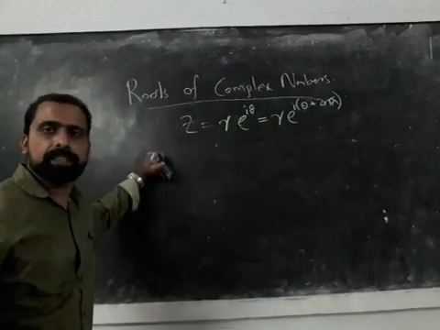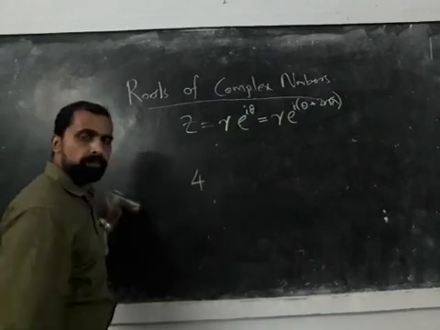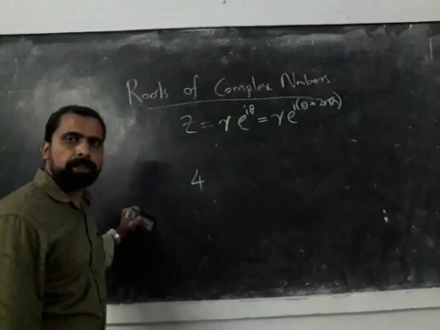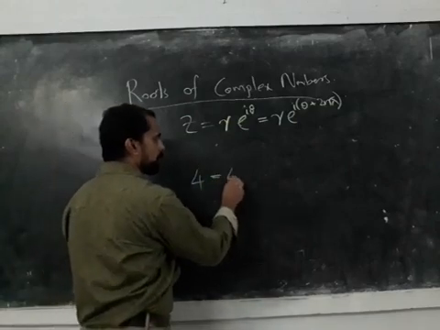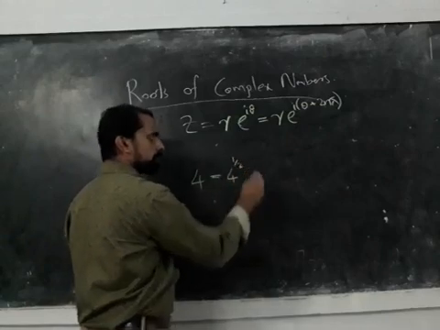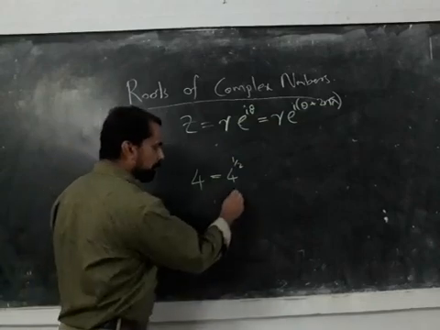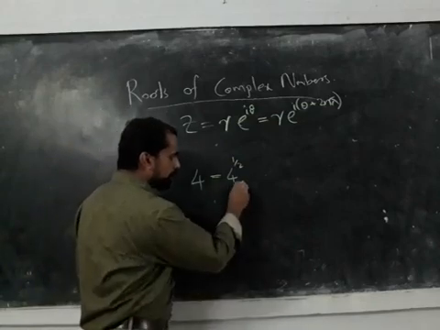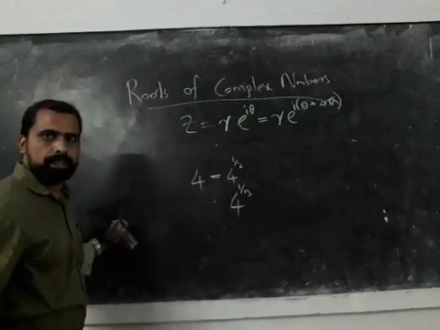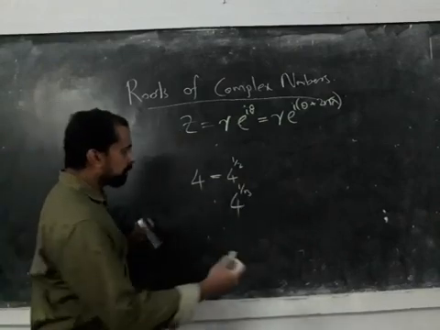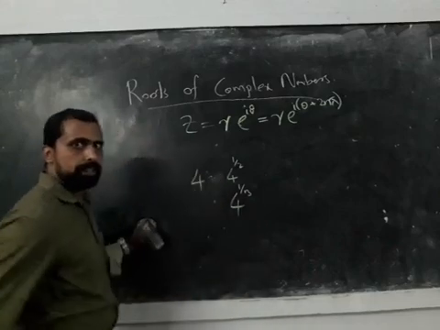Now, taking the root means, for example, if you have a 4, if you want to take the square root, what do you do? You do 4 raised to half. If you want to take the cube root, what do you do? 4 raised to 1 by 3, isn't it?